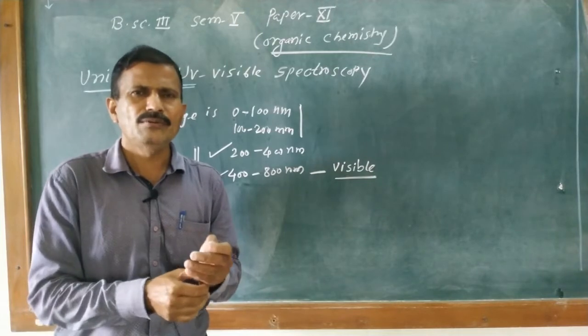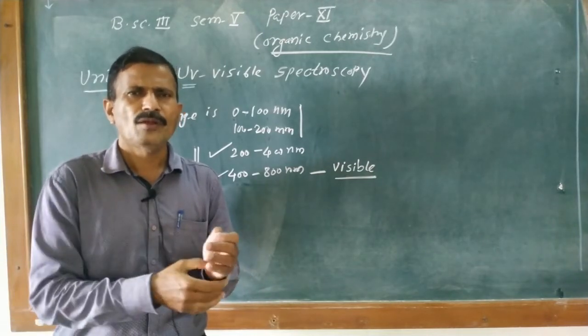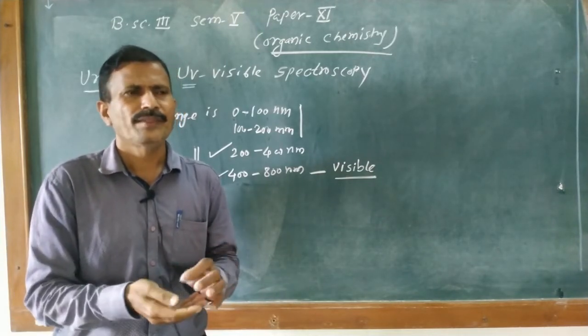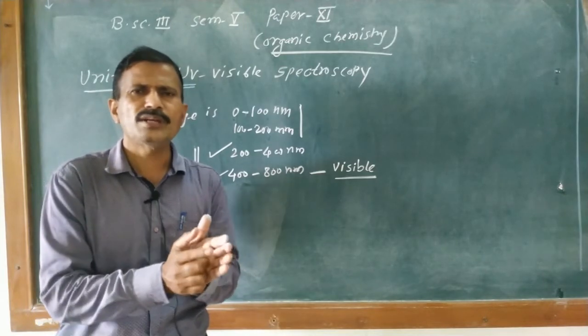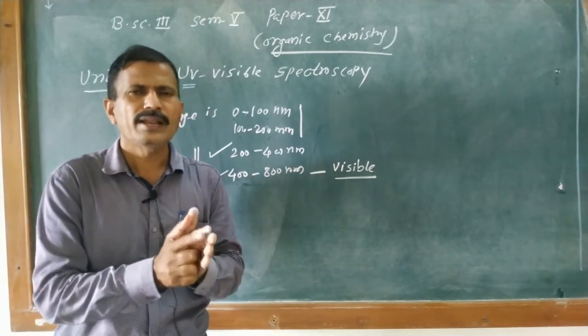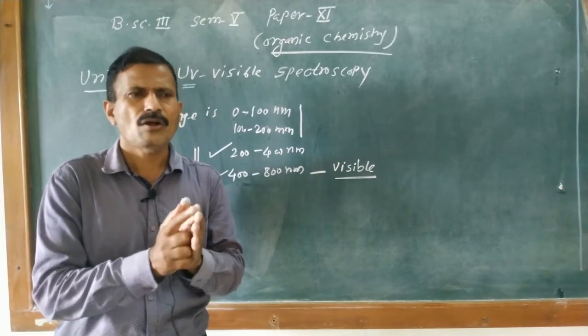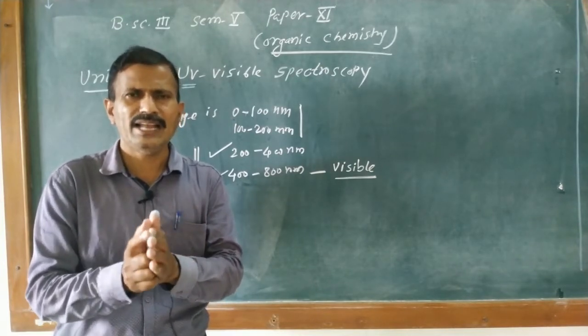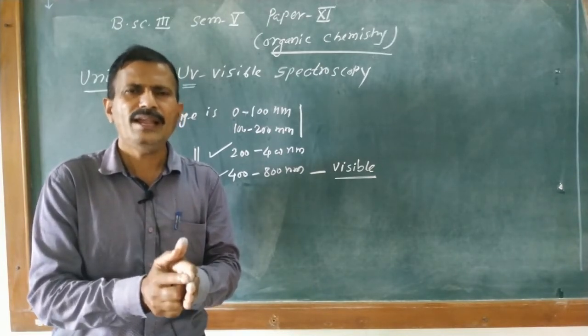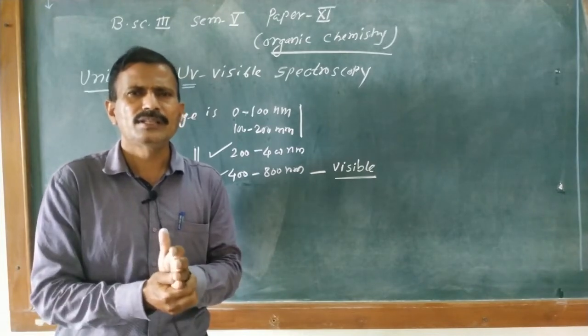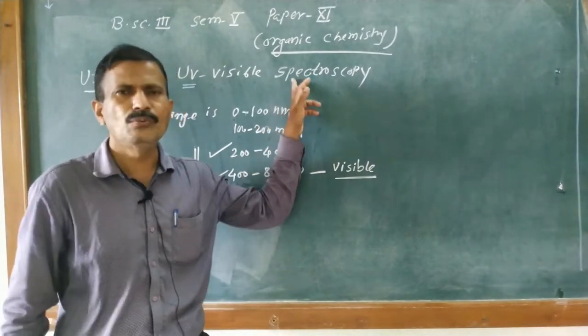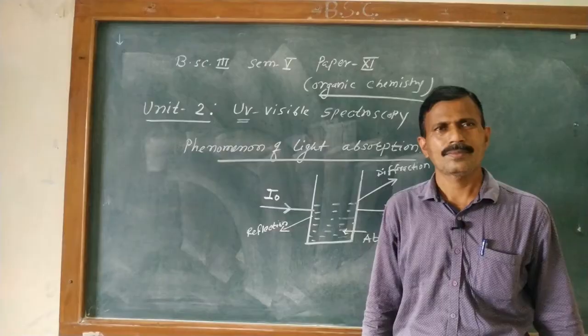Then we will deal with the effect of conjugation on the absorption bands. Afterwards, we will discuss Woodward's and Fieser's rules for calculating the lambda max of diene systems as well as enone systems. And lastly, we will deal with applications of UV visible spectroscopy.